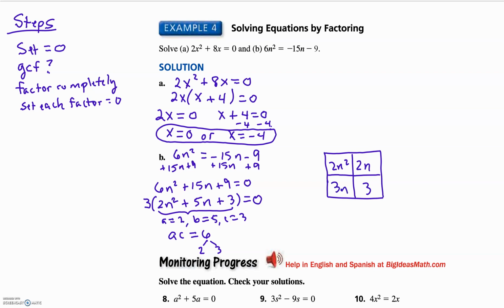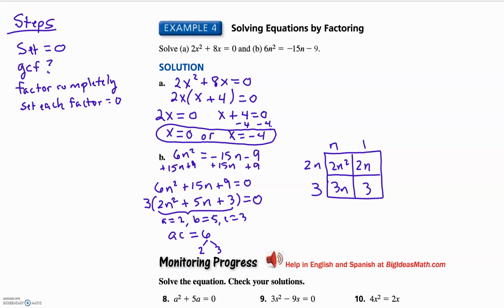We're going to look for the greatest common factor of the top row. That's going to be 2n. We're going to look for the greatest common factor of the bottom row. It's going to be 3. We're going to look for the greatest common factor of the first column. It's going to be n. And the greatest common factor of the second column, 2n and 3, is just a 1.